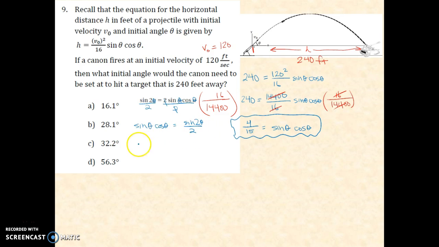Well, sine of 2 theta divided by 2 then equals 4/15, because sine theta cosine theta is equal to that and that. So that means that sine of 2 theta over 2 is equal to 4/15. Now I can multiply both sides by 2.